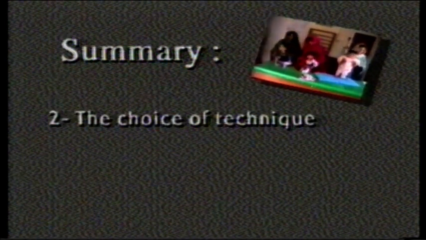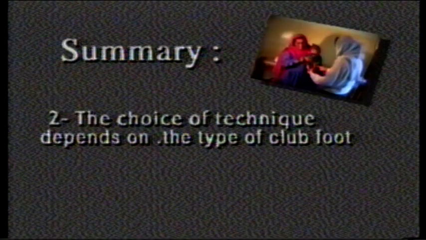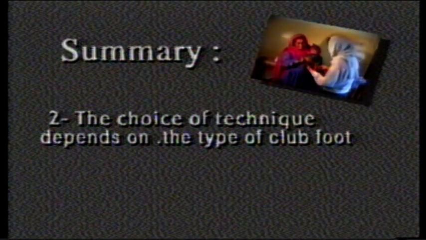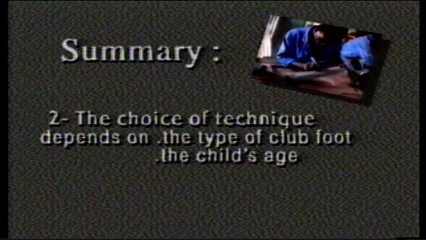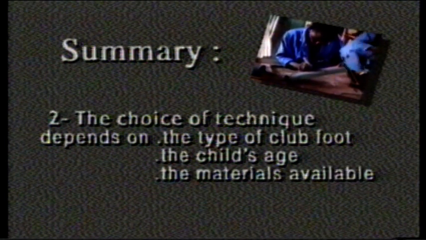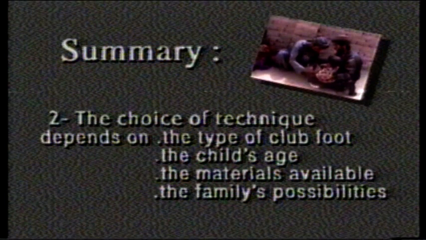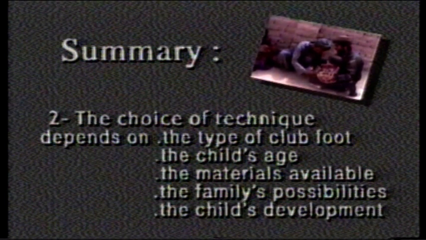The choice of technique appropriate to the child depends on the type of club foot, the child's age, the materials available, the family's possibilities, and of course on the child's development.